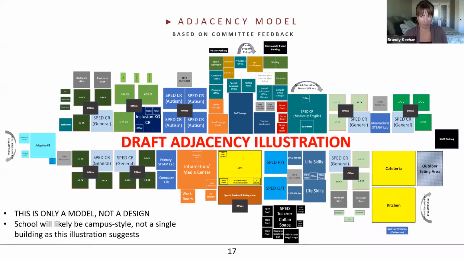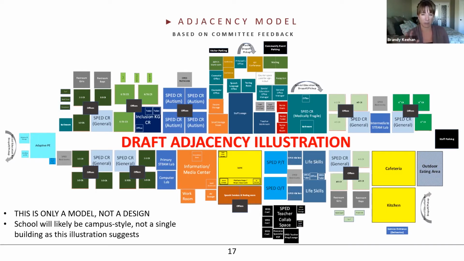Go ahead, Brandy. So the super exciting part about designing a new school is really that full inclusion model. And I can speak to my counterpart who has one of the life skills classes, that class is going to need to be near 4th and 5th grade.